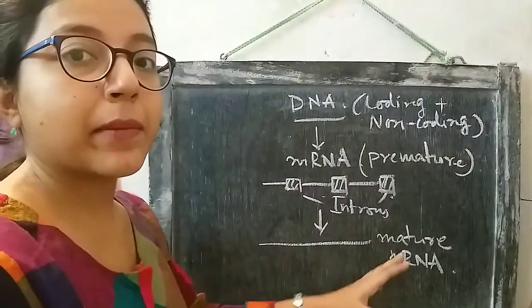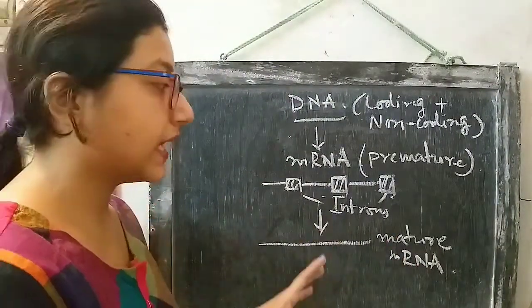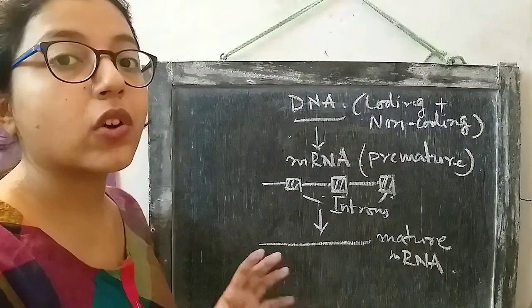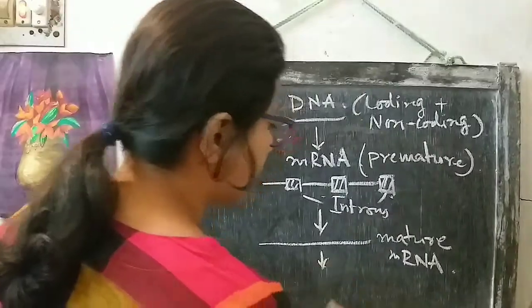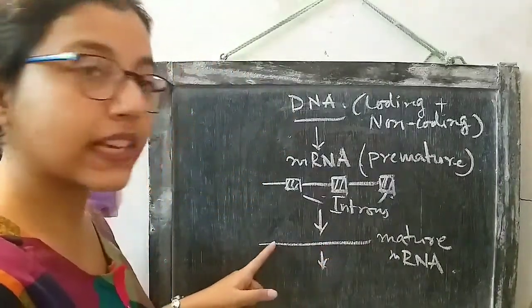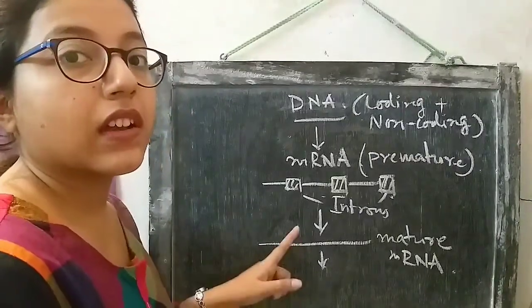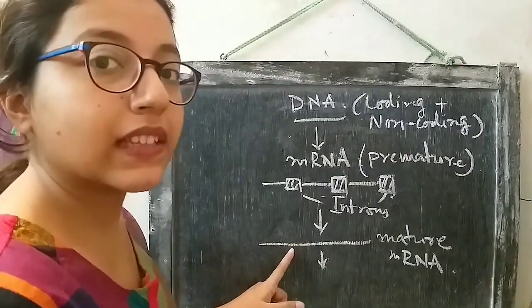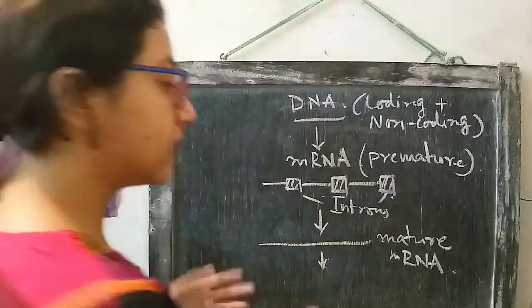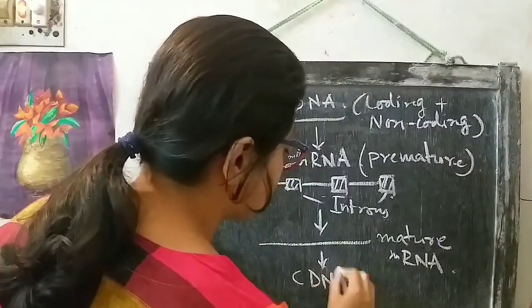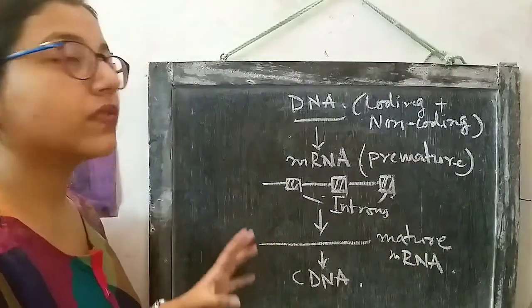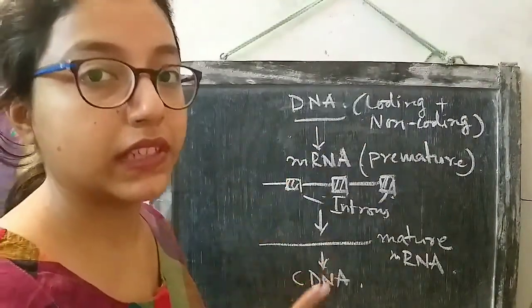Now, when this mRNA is converted into a DNA, that DNA is called a complementary DNA. This mRNA contains only the exons or the coding sequences. So this is the method of generation of cDNA from a normal DNA.